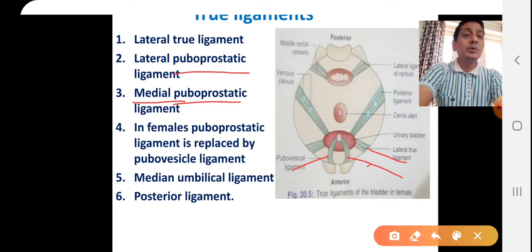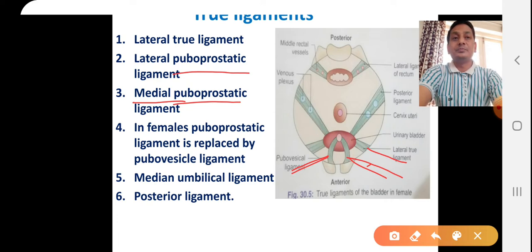In the female, the medial and lateral puboprostatic ligaments are absent and are replaced by the pubovesical ligament.